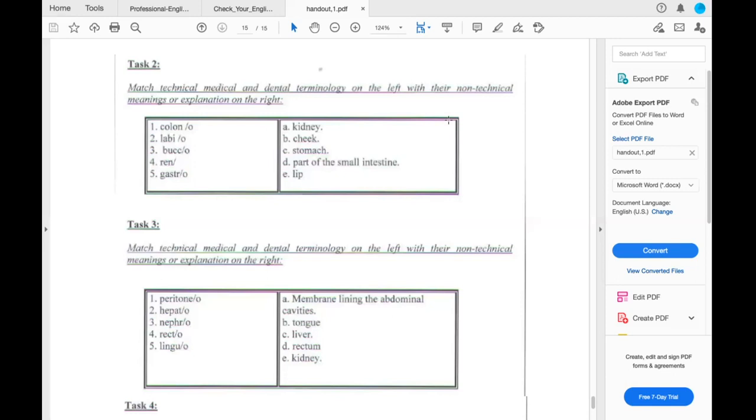Also, between scope and scopy: scope is the instrument itself, and scopy is the noun, the visual examination. And scopist is the person who operates an instrument, the specialist himself or herself.